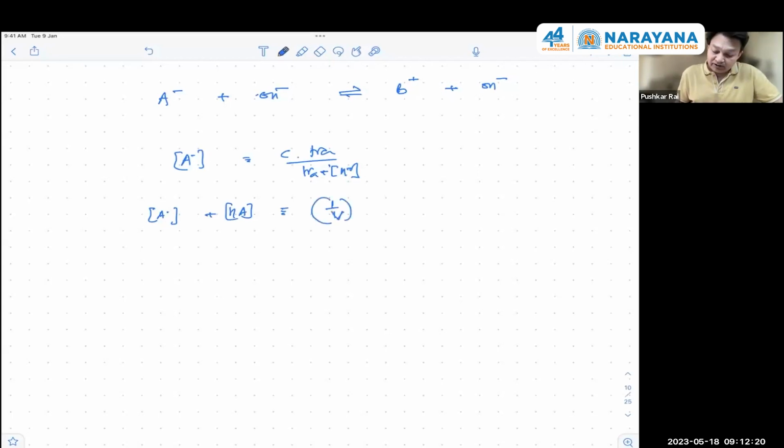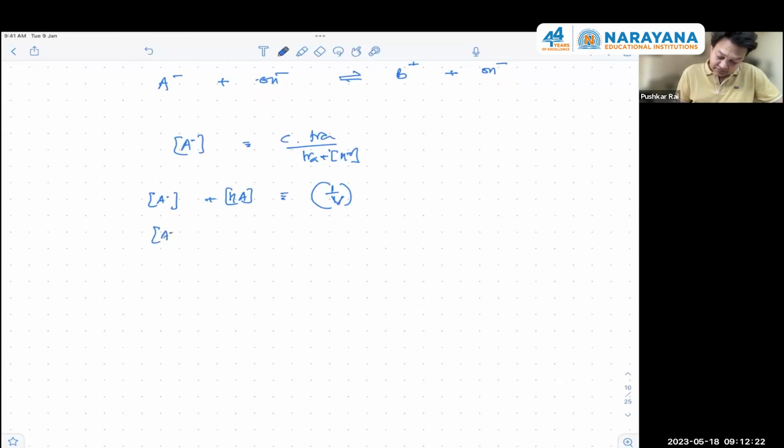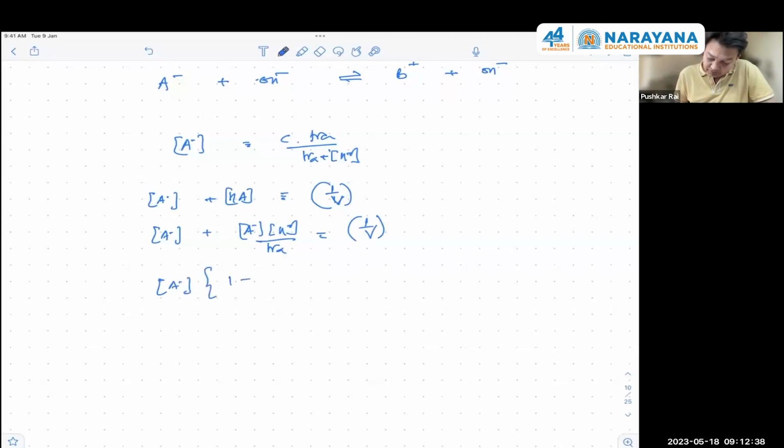And HA can be written as A negative into H plus upon K. I don't want to tell you this method, but I have to because I'm not getting it otherwise. So A negative times 1 plus H plus upon K is equal to 1 by V.